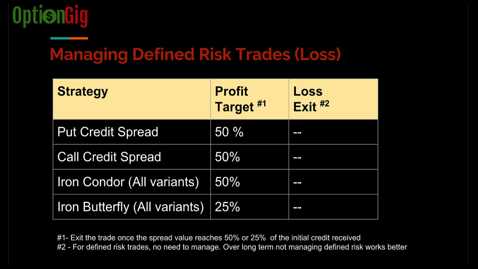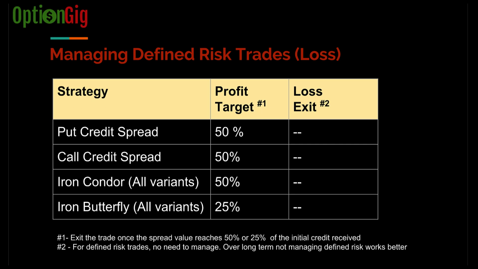We were comfortable taking that risk. Now we should let the probabilities work out. If you're not comfortable taking the loss of the defined risk trade, then you should not have opened the trade in the first place.